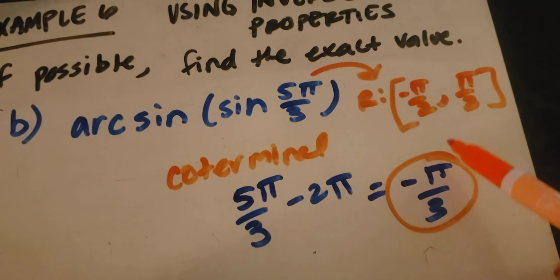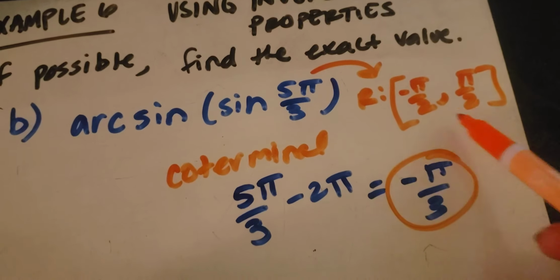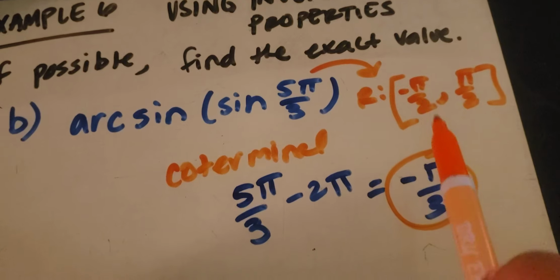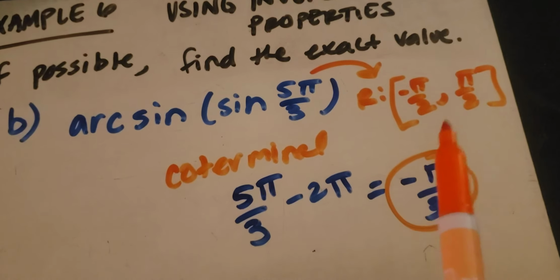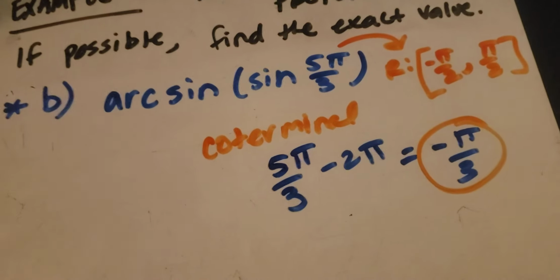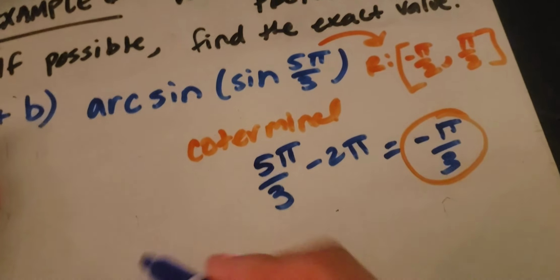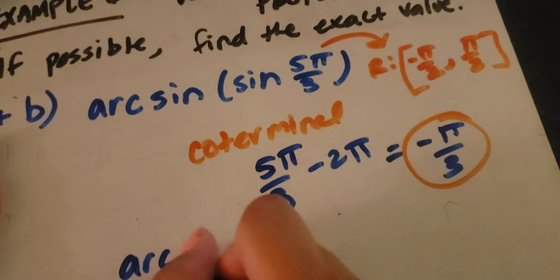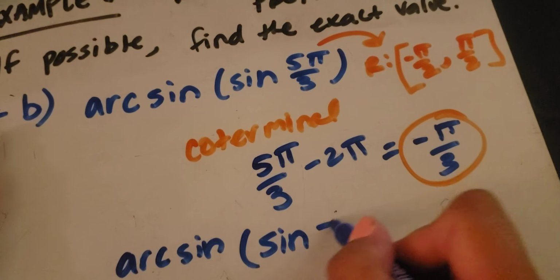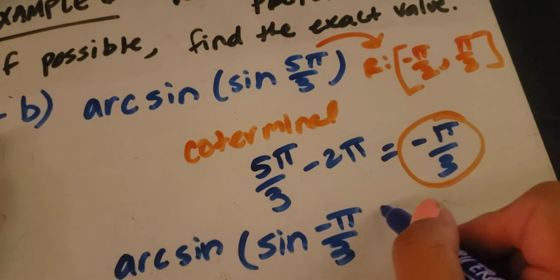Now, is negative pi over 3 between these intervals? And the answer is yes. And because it is, we can take the arc sine of sine of negative pi over 3.